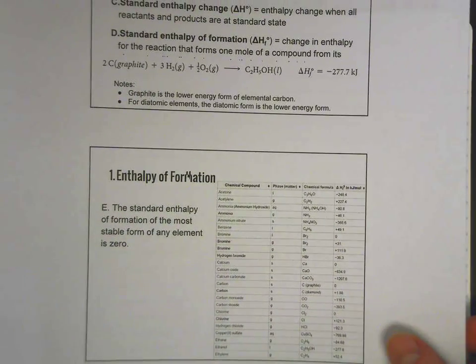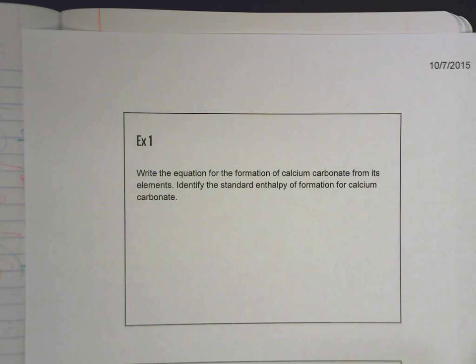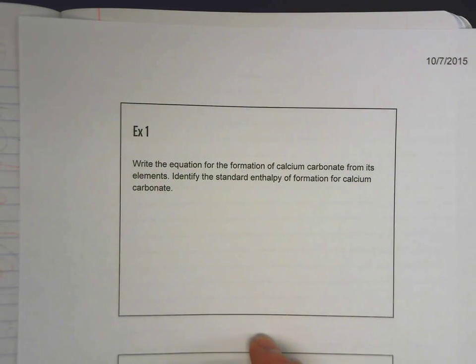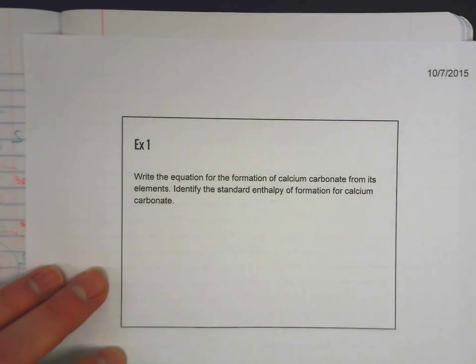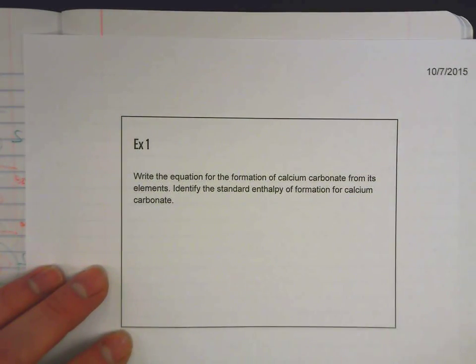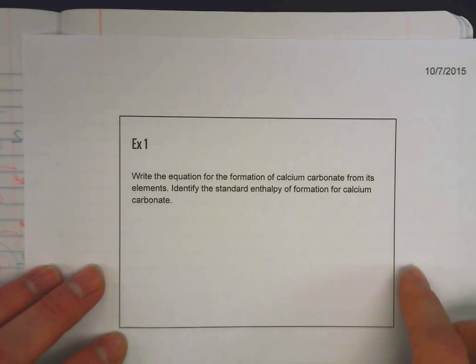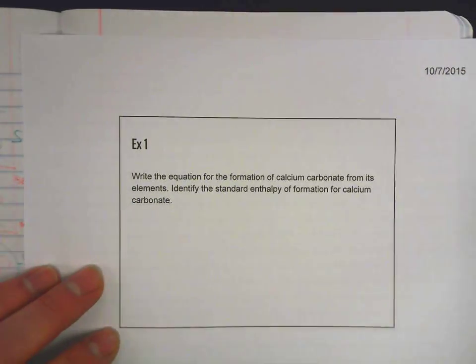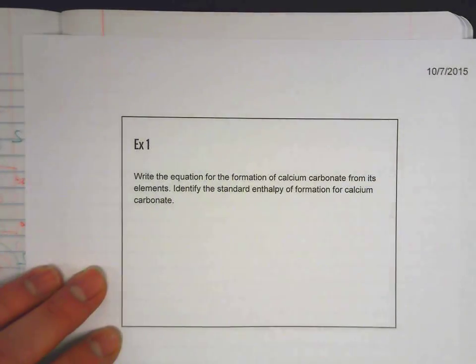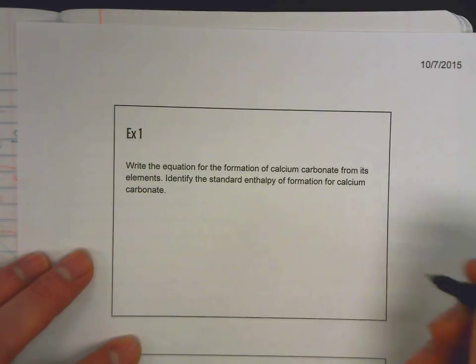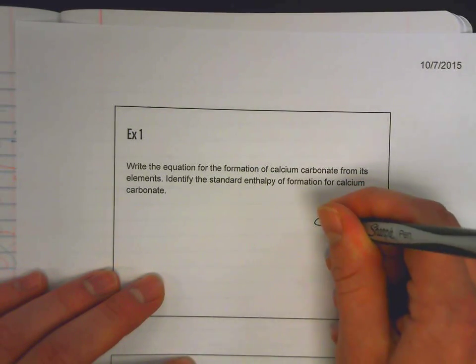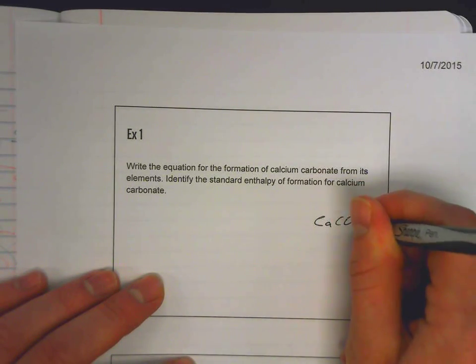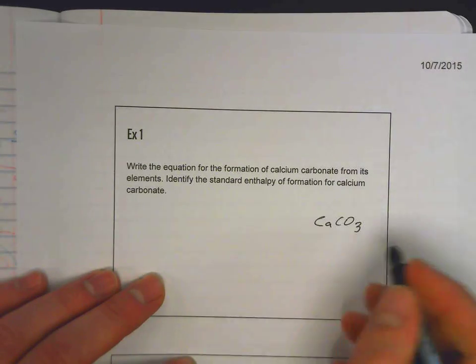Let's see how we can use this. We write the equation for the formation of calcium carbonate from its elements and identify the standard enthalpy of formation for calcium carbonate. So we want to write the equation that shows how calcium carbonate is formed. So this is calcium carbonate.